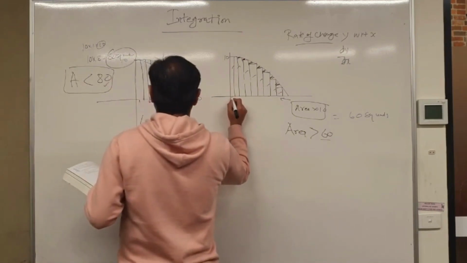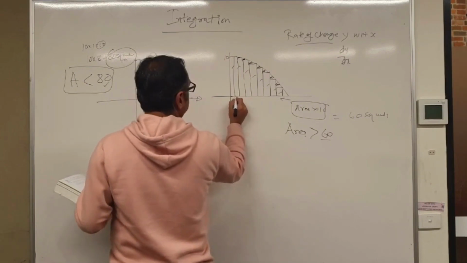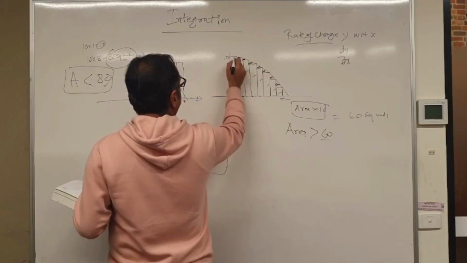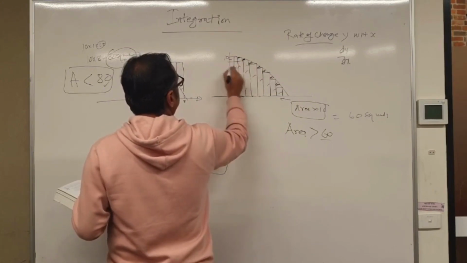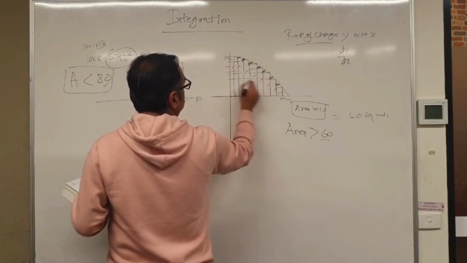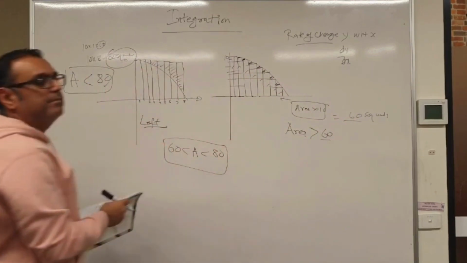Here, the widths are pretty much the same, but the heights could be different, right? So you can find what this value is, what this value is. Their height must be going down, right? They're not equal, and you land up here.